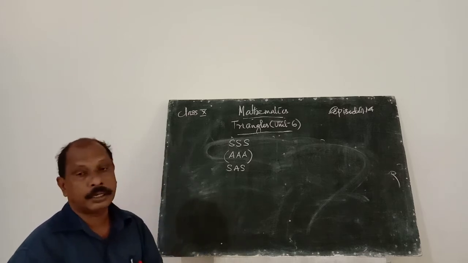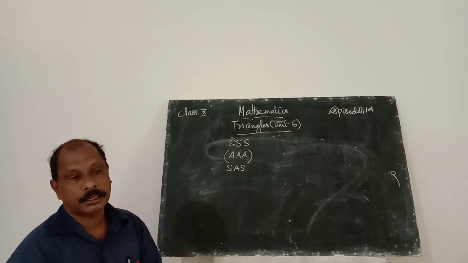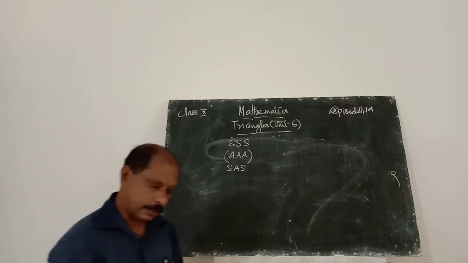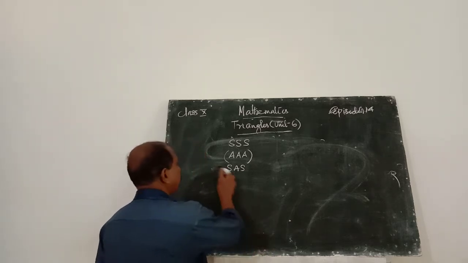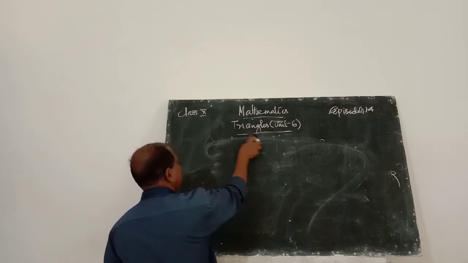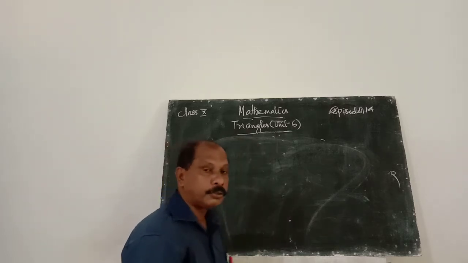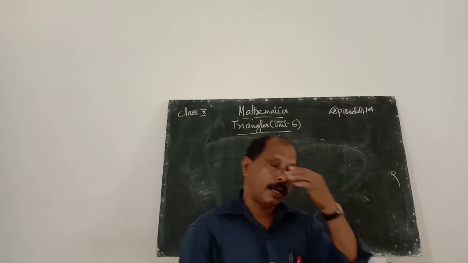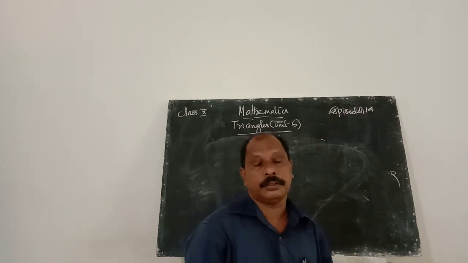Therefore, these two triangles are similar triangles. It is known as SAS criteria. Okay, these are the main criteria or theorems or postulates for triangles to be similar.